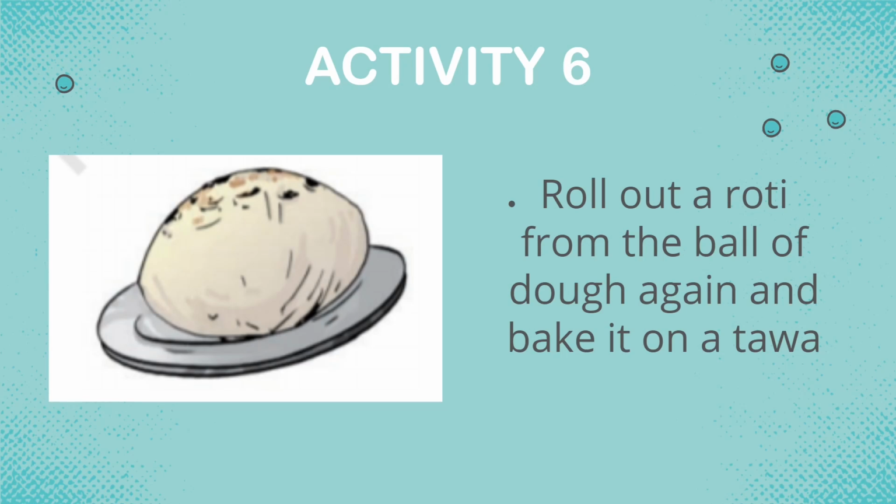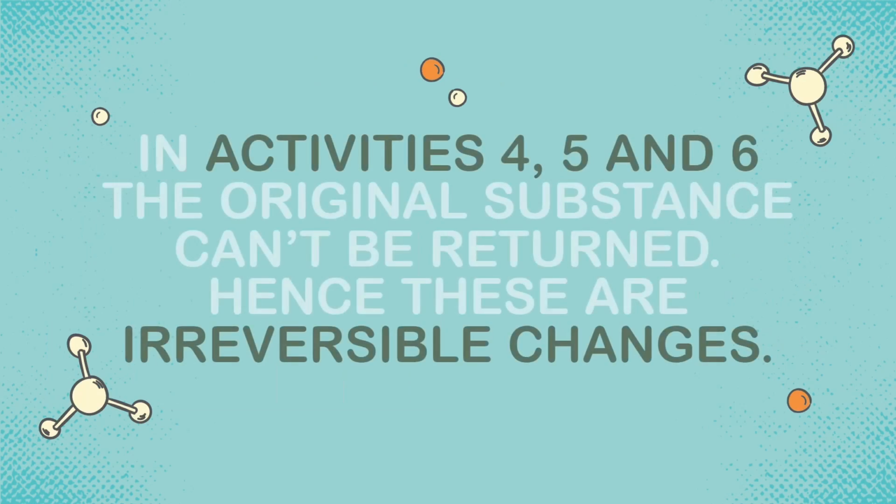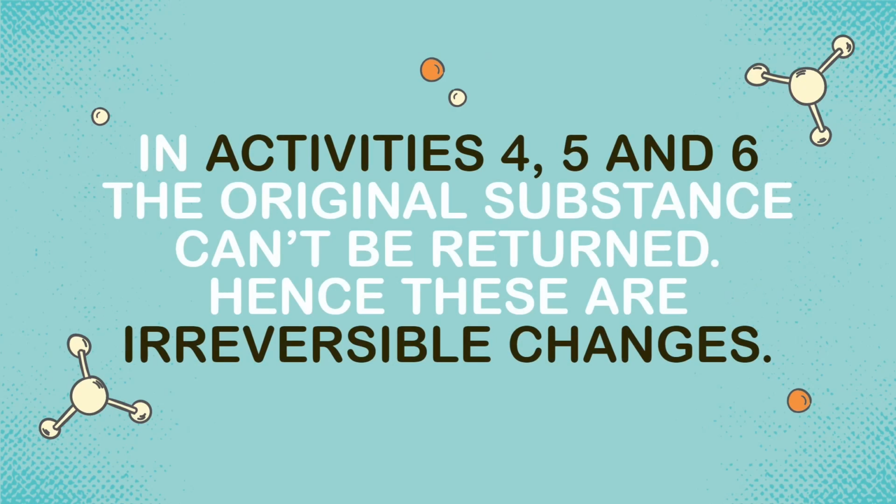Observe. What did you observe? You have observed that the dough or the roti is not the same. Now it is a baked roti. In activities 4 and 6, you can see that the original substance can't be returned. Hence, these are irreversible changes.